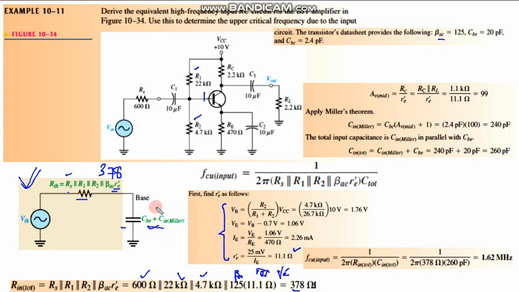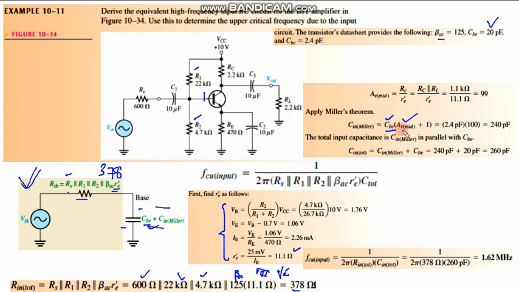Now for the capacitance, the first part is CBE, which is given as 20 picofarad. C in Miller is given by the formula, but the gain is not known, while CBC is known, and 1 is your constant.